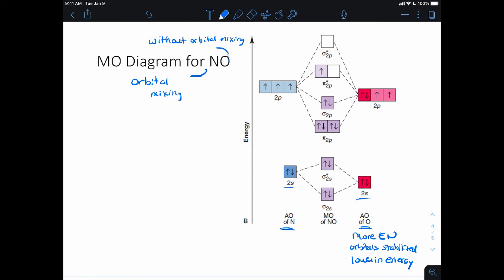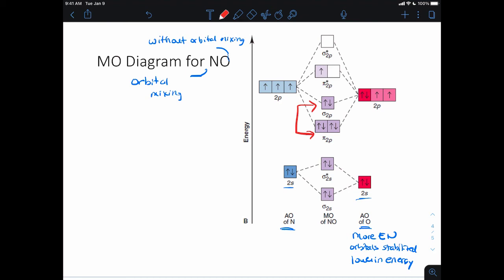Nitrogen has its 5 valence electrons, oxygen has its 6. We still are going to mix them and fill up the same, getting a similar molecular orbital diagram with the sigma 2s, the sigma 2s star, and that kind of pattern that we see here. The thing I want you to notice, with mixing or without mixing, is right here. The change would either be in this direction or reversed, but in either case, it's all full in either version.